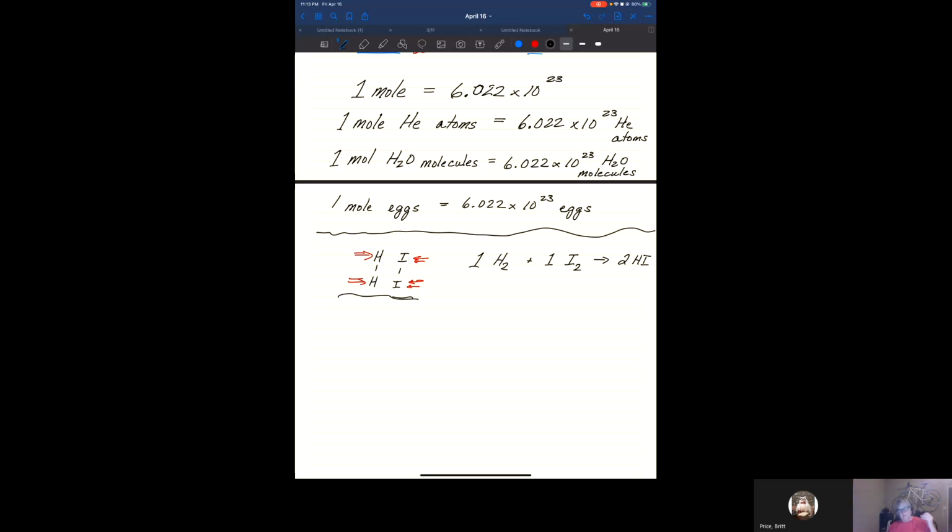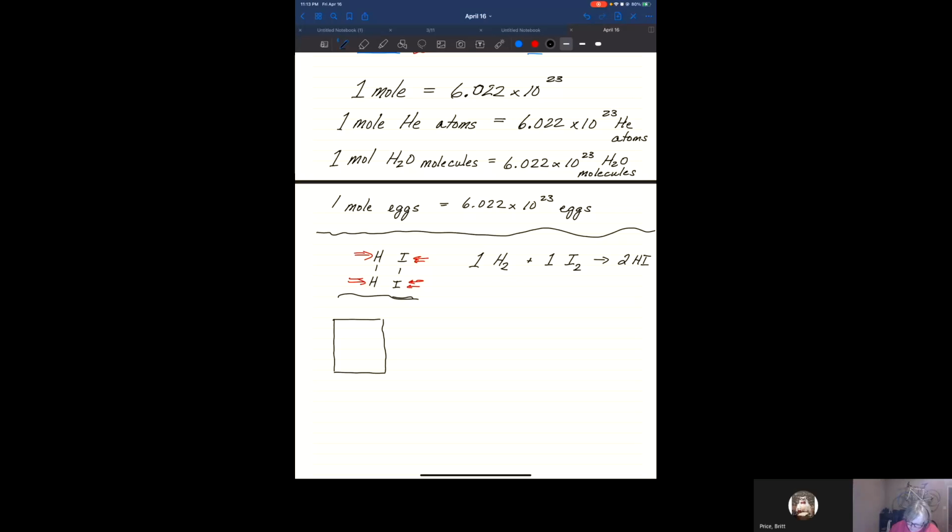As I said, individually, these things are way too small. How about if we put together a bunch of them? I don't know, maybe like 6.02 times 10 to the 23rd power. So instead of thinking about this as just one H2 molecule, I'm going to think about this as a box.